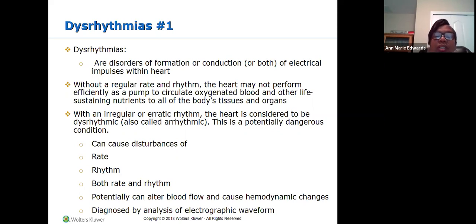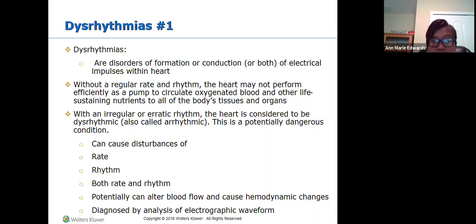It can cause disturbances of rate, it causes disturbances of rhythm, or it can cause both rate and rhythm to be disrupted. It can potentially alter blood flow and cause hemodynamic changes, because if your rate is affected, say your normal heart rate is 60 to 100, but now your heart rate is 40, okay?